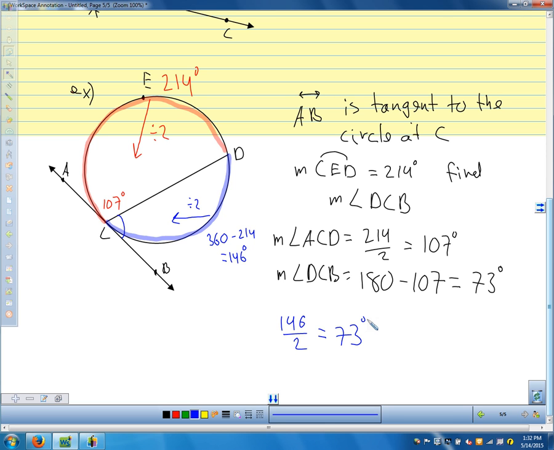And it all has to do with multiplying and dividing by 2. All right, questions on that example? Okay.